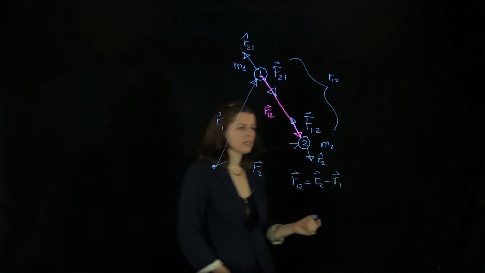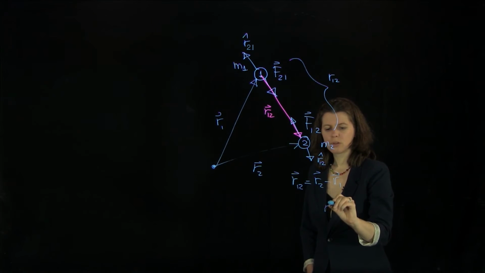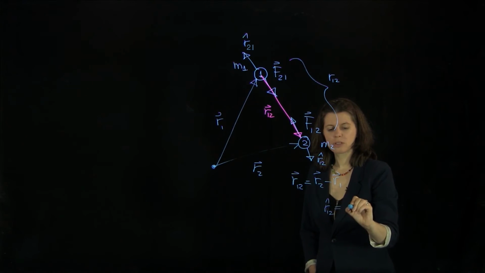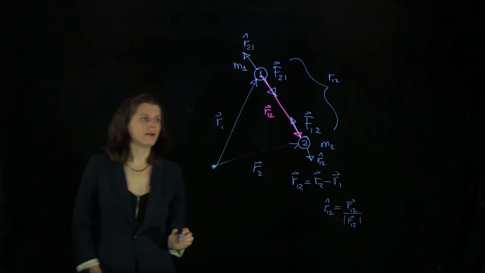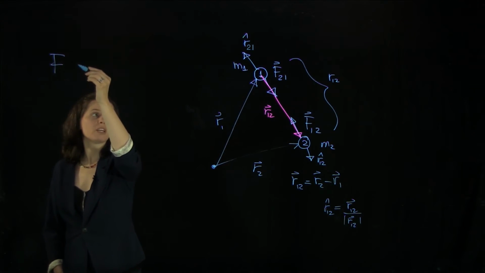For now, we can just write down quickly the definition for a unit vector. So our r-hat 12 is, of course, the vector itself, r12, divided by the magnitude of the vector. We can write it like this. And now we can write down the gravitational law.